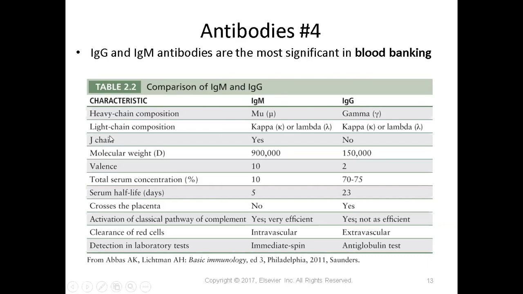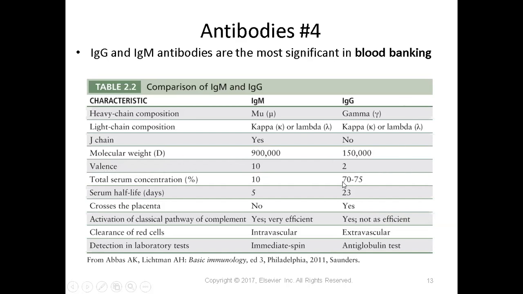The J chain, remember, is what joins all of those 5 together for IgM, and because it has 5 units coming together, it's going to have a higher molecular weight. So when we look here, 900,000 compared to 150,000. Valence is how many antigen binding sites. So remember, 5 times 2 is 10. IgG only has 2.